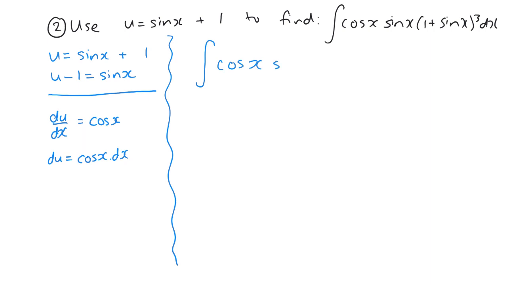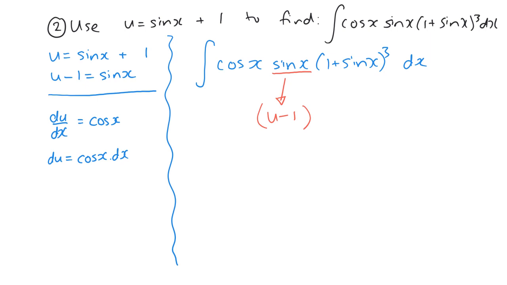So cos x sine x over 1 plus sine x cubed dx. So remember, everything in this integral has to be replaced with things to do with u. So this part here, sine x, we saw over here, it's u minus 1. So we can write that as u minus 1.